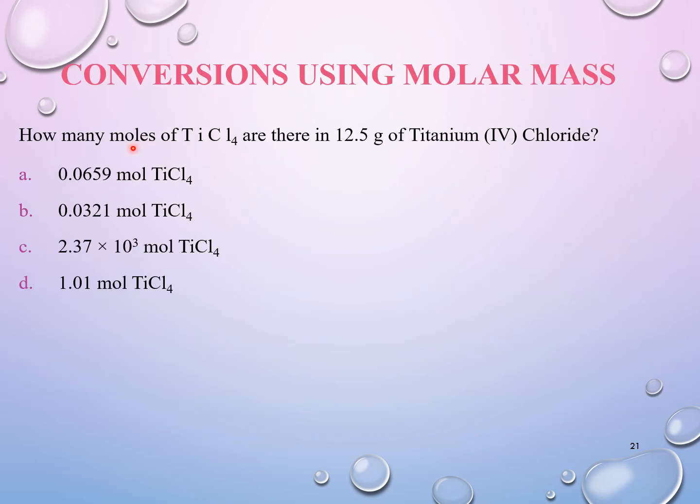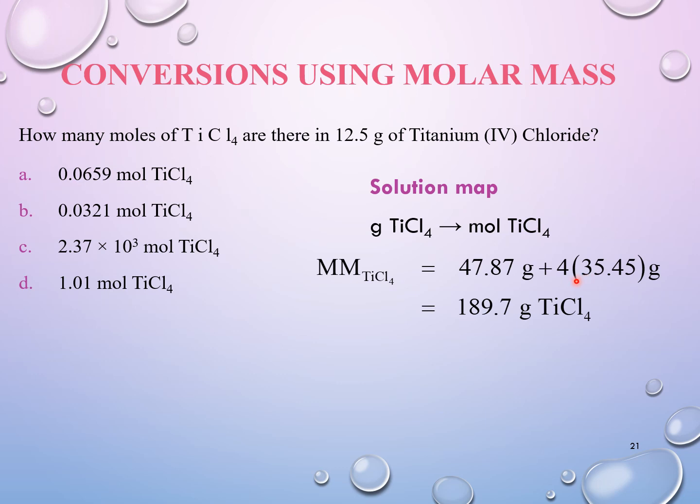Next question. How many moles of TiCl4 are there in 12.5 grams of titanium 4 chloride? So you would need to look up the molar mass of titanium and chlorine, which is 1 titanium and 4 chlorine. So each chlorine is 35.45. 1 titanium is 47.87. And then there's 4 chlorine, 1 titanium. You get the molar mass as 189.7 grams of TiCl4.